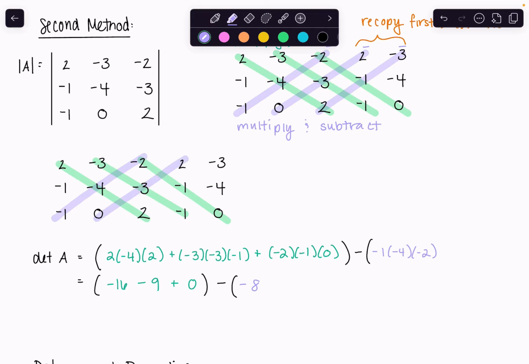Next diagonal is 0, -3, 2, which gives us another big ol' 0. And then our third one, which I'm going to have to squeeze in at the bottom here, you get 2 times -1 times -3, which ultimately gives us a positive 6.